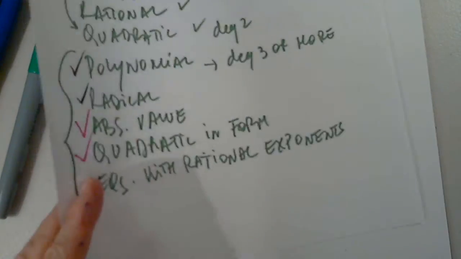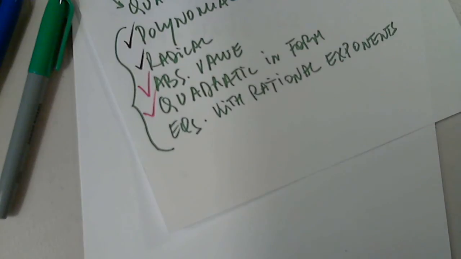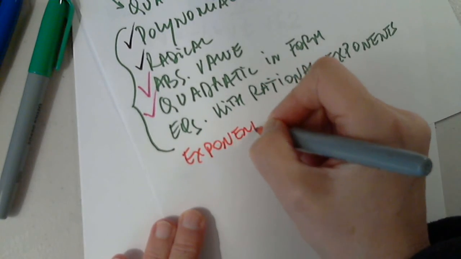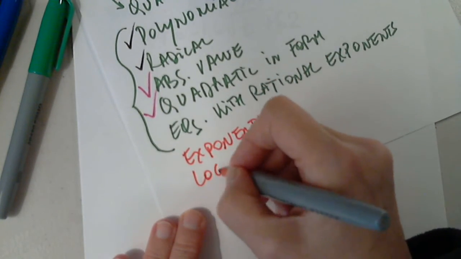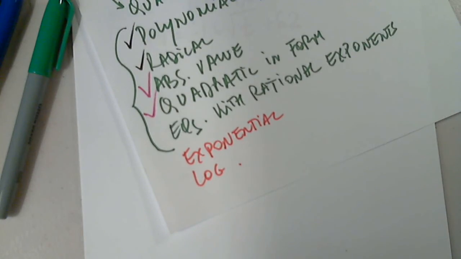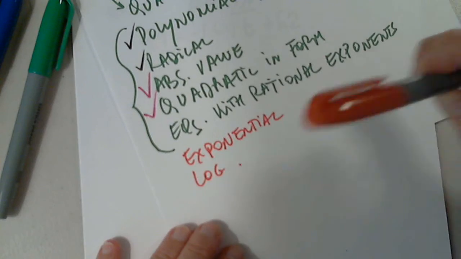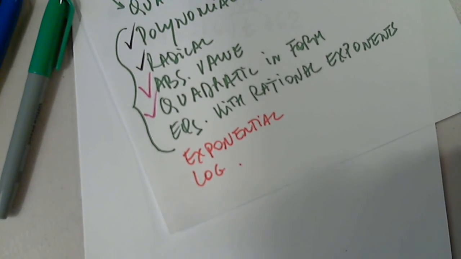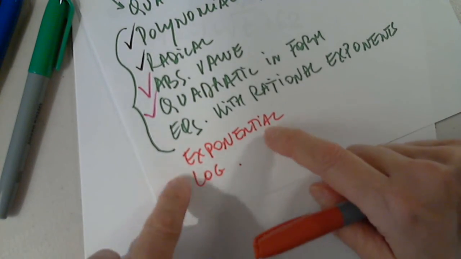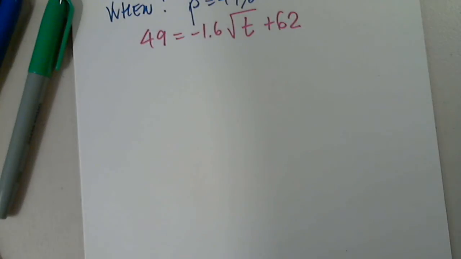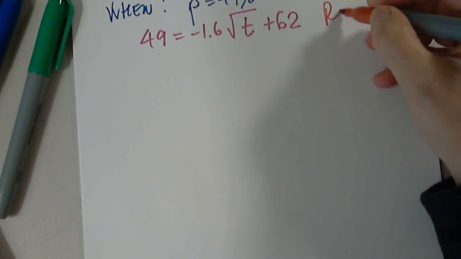We're going to add two more to the list later, exponential and log equations, and these will be it. We are not going to learn more than 10 different types of equations in this class, but we're going to add these in chapter 4. So it's a radical equation.